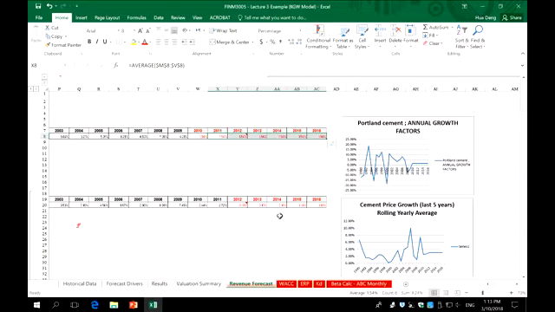Okay, I'd like you to think about this forecast method. What's the problem with this? It's true that any company with an exposure to the Australian economy is exposed to the risk and uncertainties of the Australian economy.